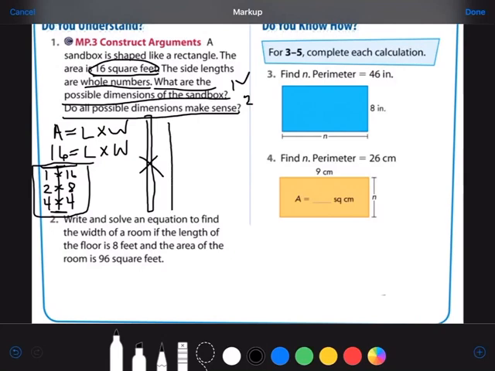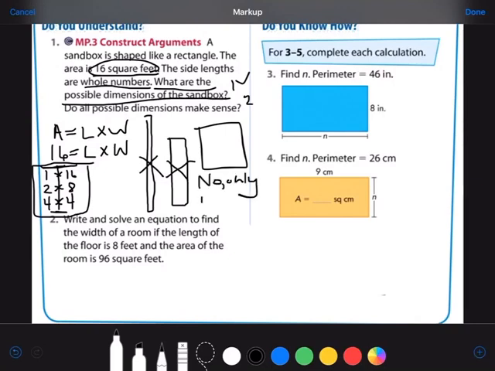What about a sandbox that's just 2 feet wide? I don't know, that sounds weird. That seems like a pretty unlikely length for a sandbox. I don't think that one makes too much sense. But a 4 by 4 square, that one makes a lot of sense. So my answer is, do all possible dimensions make sense? No. Only 4 by 4 feet makes sense.